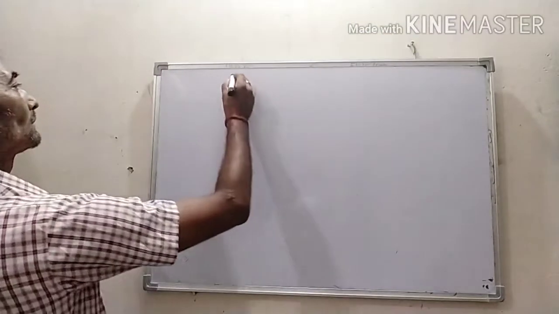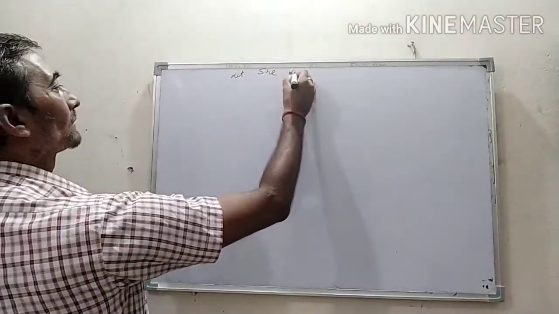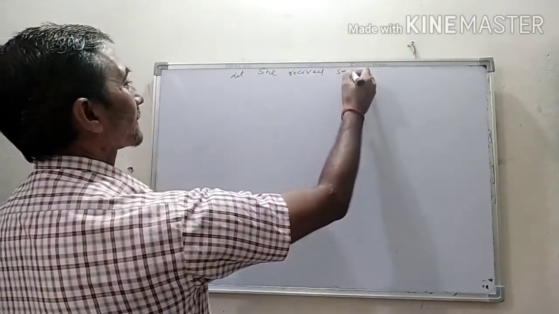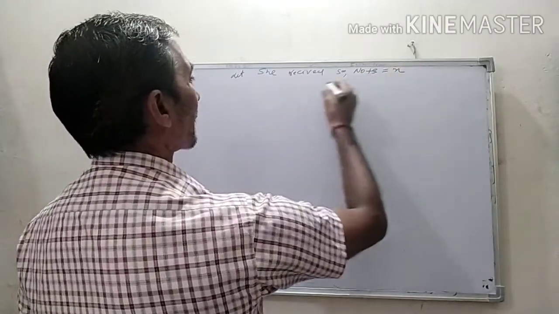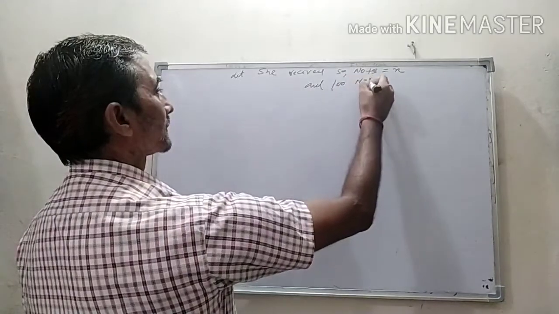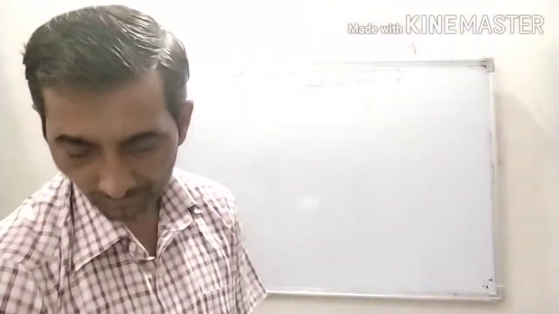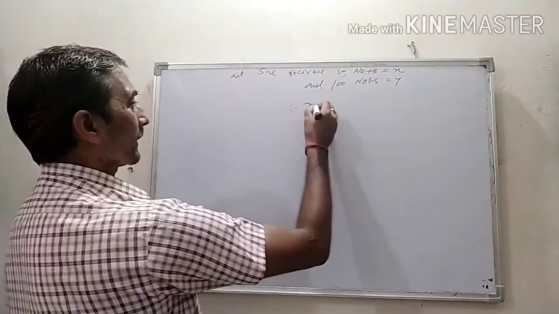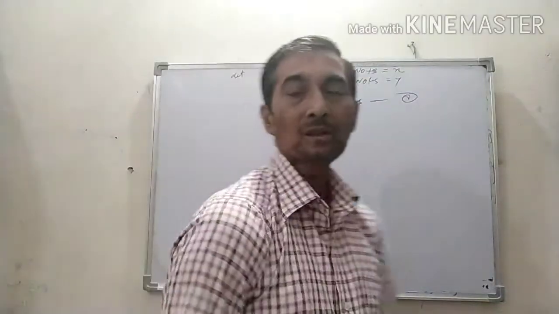Let she received 50 rupee notes equal to x and 100 rupee notes equal to y. The total number of notes was 25, therefore x plus y equals 25. Now the first equation.